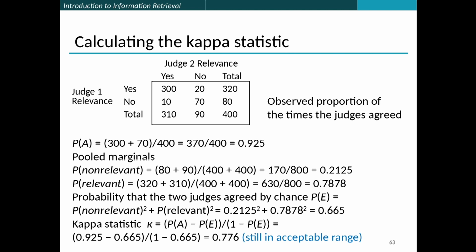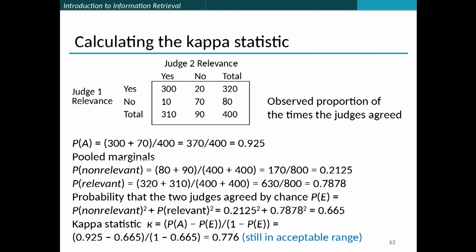Then you have non-relevant, 80 plus 90, and the relevant, 320 and 310. And what is the probability that they agreed by chance?